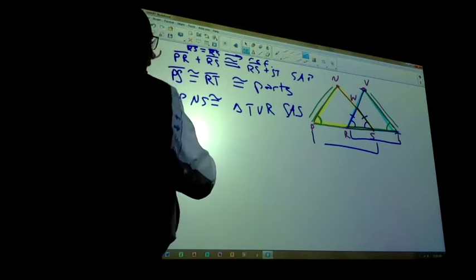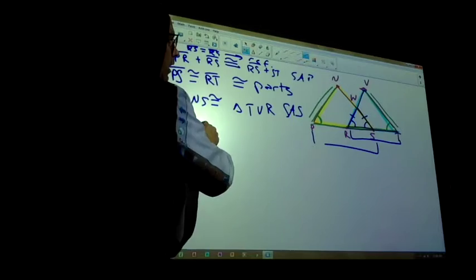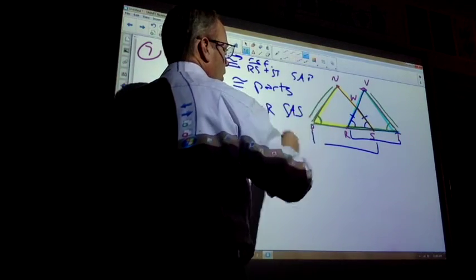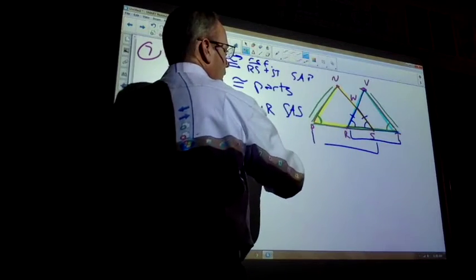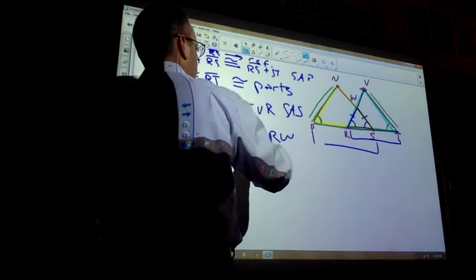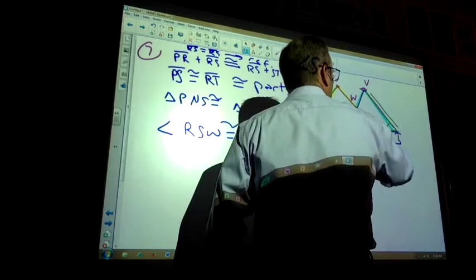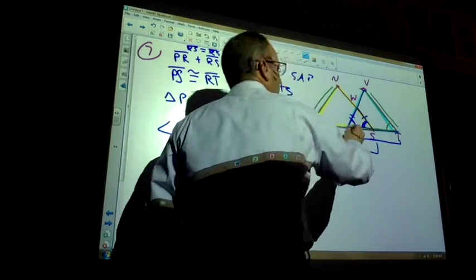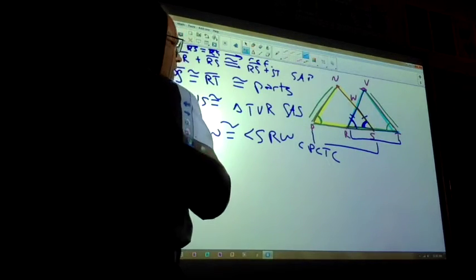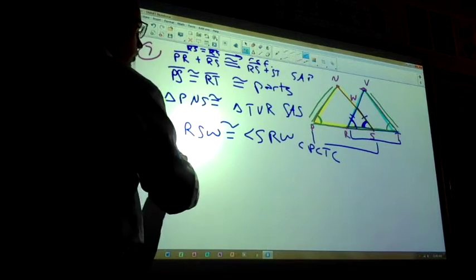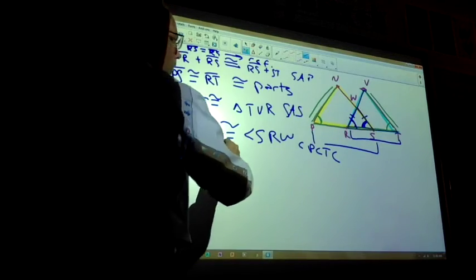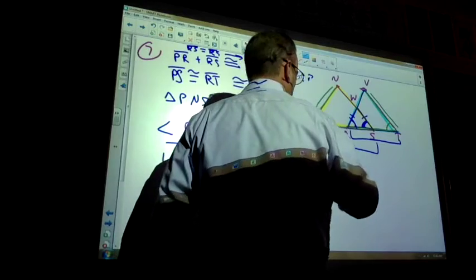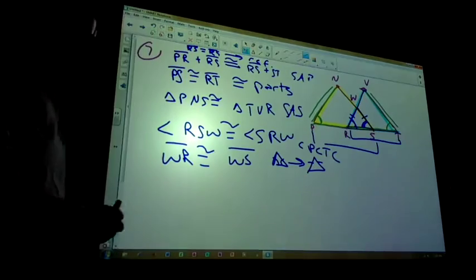I can now say that angle RSW is congruent to SRW. So this angle is congruent to this angle because that's part of that and this. And there's CPCTC. And then of this triangle, I could state easily that WR is congruent to WS because we knew this. Therefore, we can state this, right?